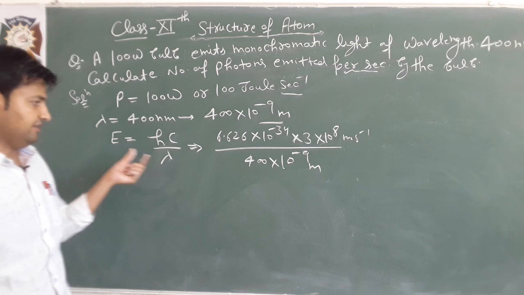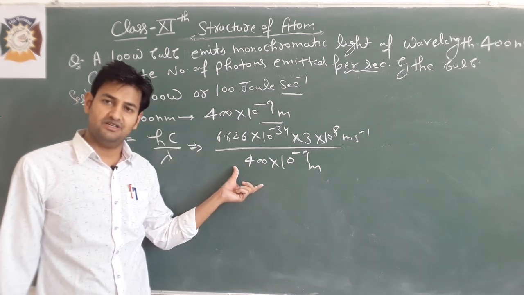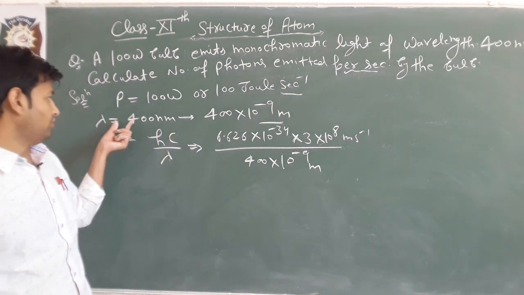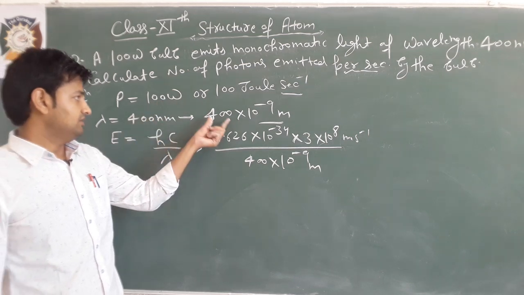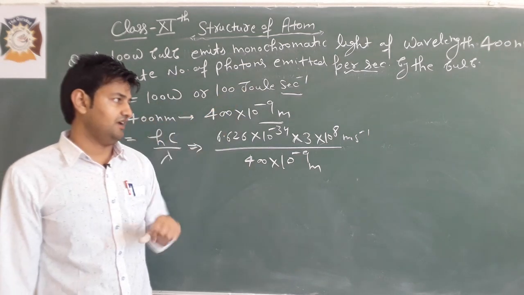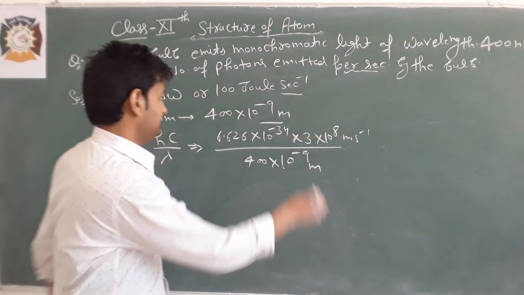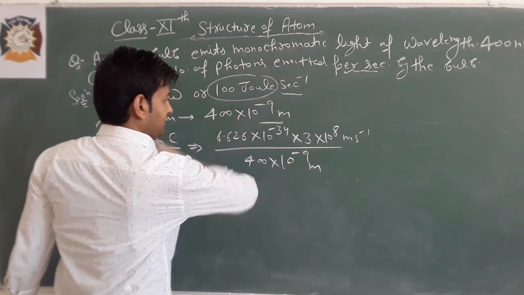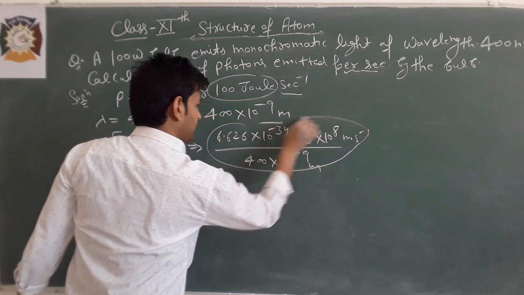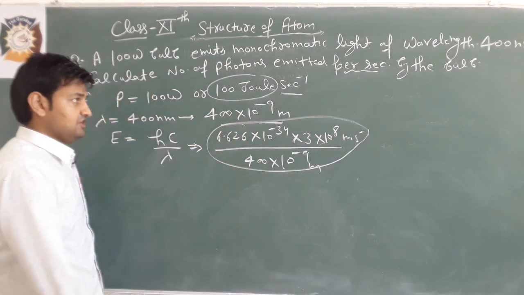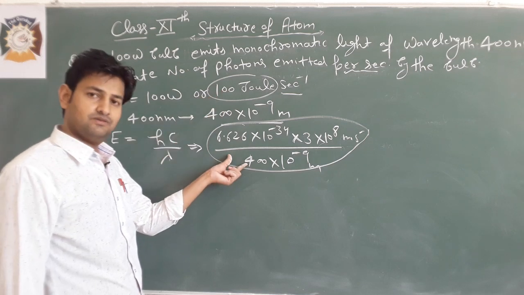This is the energy of one photon which is emitted, and this is the total power, 100 joule per second. So we can calculate the photons emitted per second by dividing 100 by this.